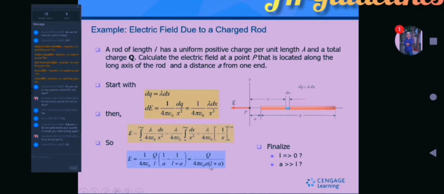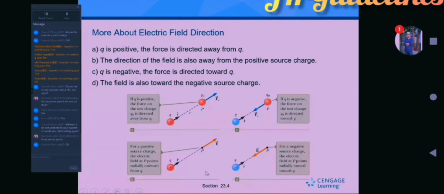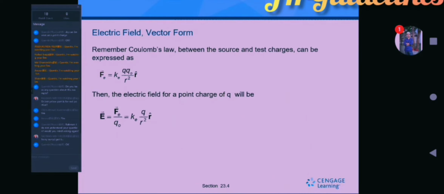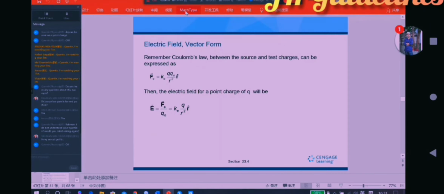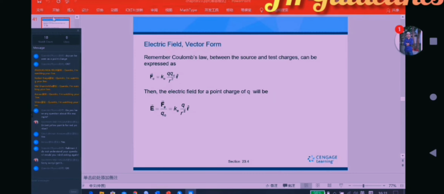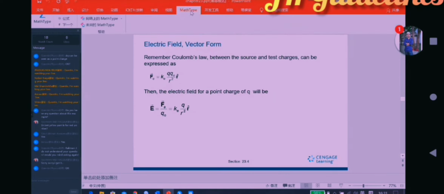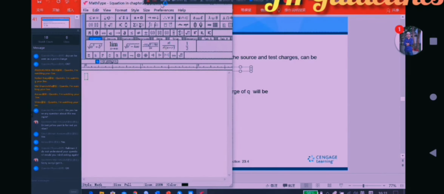Well, if the L is very small, then the result will be Q divided by A squared times 1 over 4 pi epsilon. So that will come back to the original result, which is KE. I hope you can remember this KE. Let me write here.